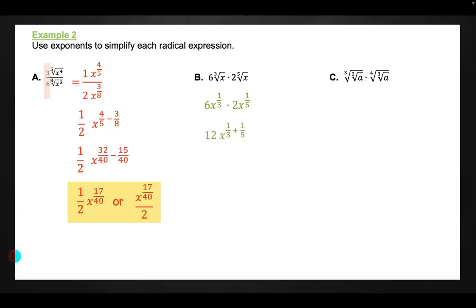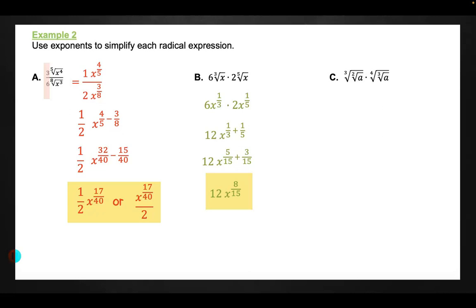With the like bases, the x, those are the exponents that I'm going to add together. With the common denominator, I get 15, and when I add those together, I get 8 over 15 as my rational exponent. X stays the same, and then the 12 was already there that was multiplied.